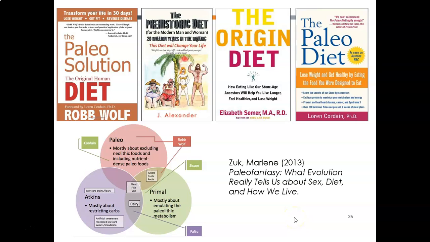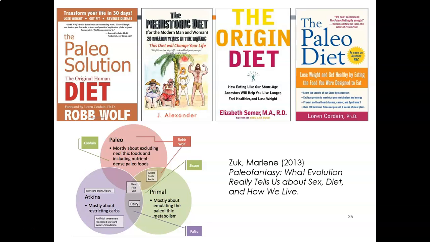I feel like I'd be remiss if I didn't mention, when we start to talk about diet, that there's a lot of pseudoscientific literature out there that is supposedly based on archaeological studies of how we have reconstructed diet in the past.